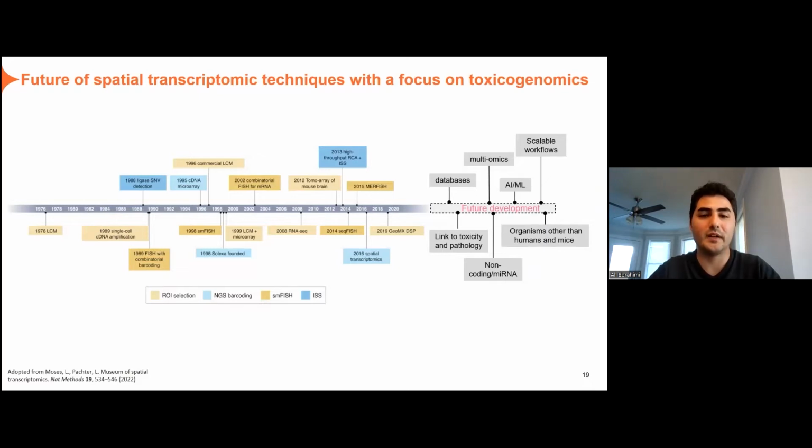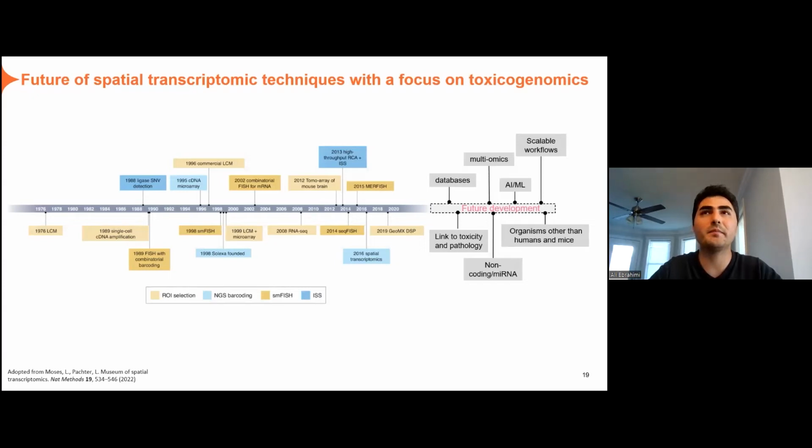They are sort of isolated islands within individual publications. Also, linking the data to toxicity and pathology is another field that needs to be expanded. There needs to be more data generated, focusing on risk assessment and toxicology specifically.